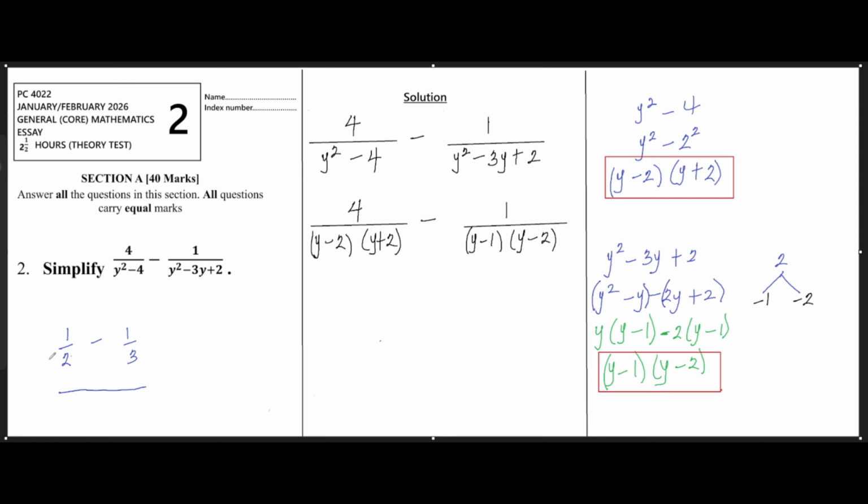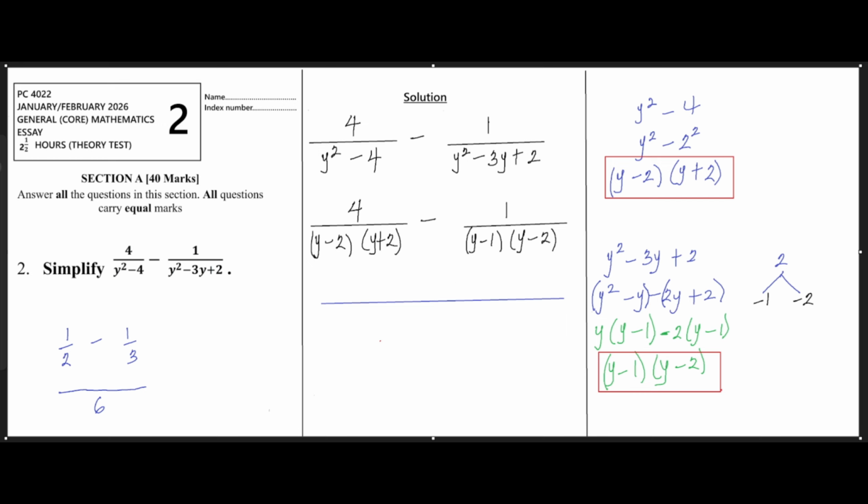We know that the LCM for 2 and 3 is 6. So again, because we have subtraction involving fraction and we want to simplify, we equally need to find the LCM. So we want the LCM for these denominators. So what then is the LCM?